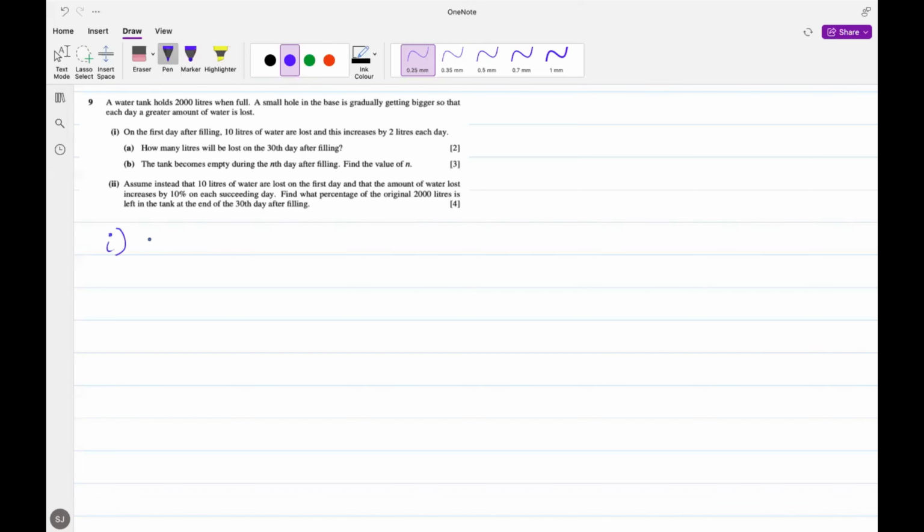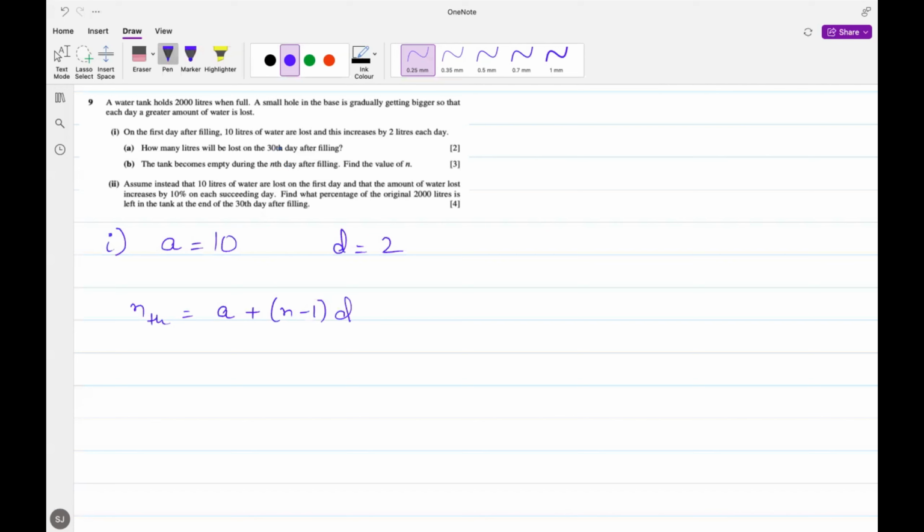Now, as the increase is a constant 2 liters each day, we can say that the initial value was 10, and it is increasing by 2 liters each day, which means that the common difference will be 2. So we also know that as there's a common difference, we are dealing with an arithmetic progression. To find out how many liters will be lost on the 30th day after filling, we know that the nth term formula for an arithmetic progression is a plus (n minus 1) times d.